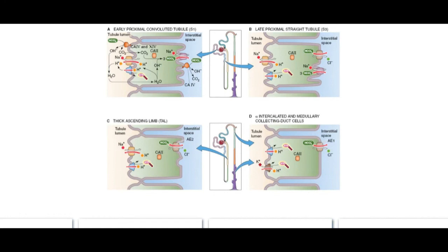So you can have a more basic pH in your urine if you force bicarb to stay in the tubular fluid. It also causes water to be retained. But it does so because it's this guy that's blocked by acetazolamide, which isn't showing up, but it'll show up when I assign it.